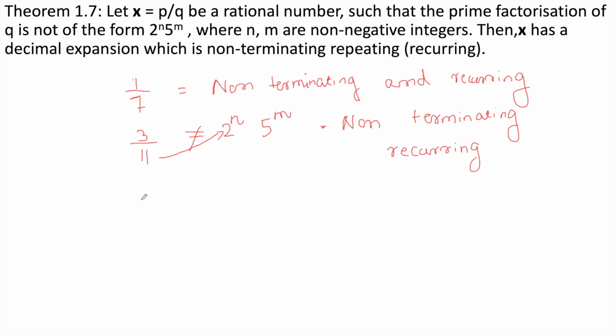One more example, 1 by 3. Again 3 is not of the form 2 raised to n, 5 raised to m, so it's non-terminating recurring.